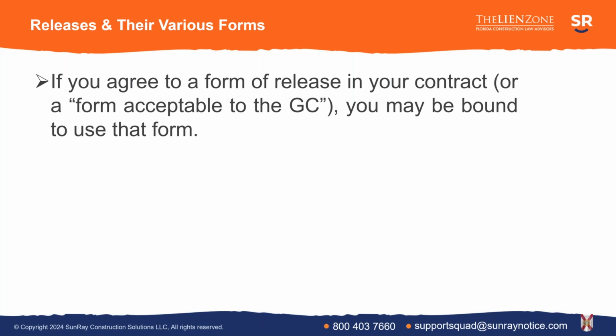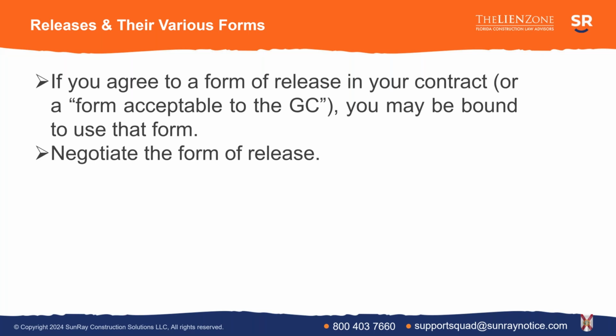If you also sign a contract that says that you're going to provide a release form that is acceptable to the GC or to the owner, well, guess what? You're also agreeing that that release form can be provided to you later. So you don't want to find yourself in that position later. When you're getting your contract and you're reviewing it, you need to negotiate not only the terms of the contract, but the exhibits.